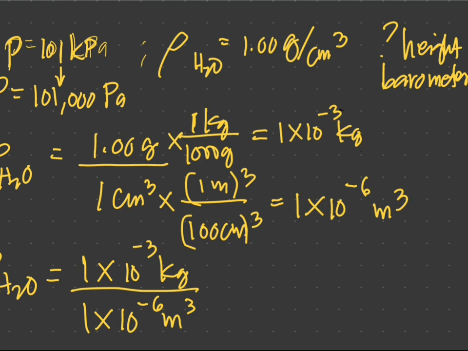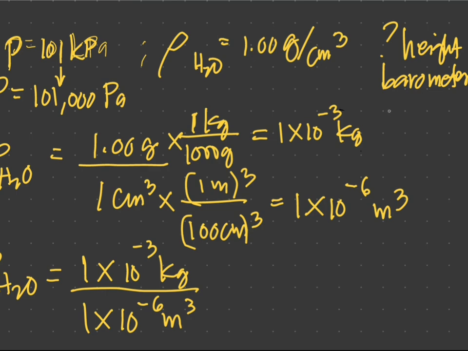A barometer is an instrument used to measure atmospheric pressure, that is the pressure exerted by the air in the Earth's atmosphere. So we are asked for the height of the column. It says, what would be the height of the column in a barometer?